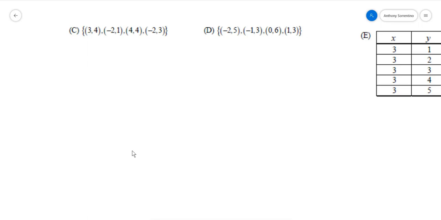I want to see if this is a function. Well, 3 is associated with 4. There are no more 3's in the x-coordinate position, so that one seems to be fine. The x-coordinate negative 2 produces 1 here, but the issue is it also produces a 3 here. And because of that, this is not a function.